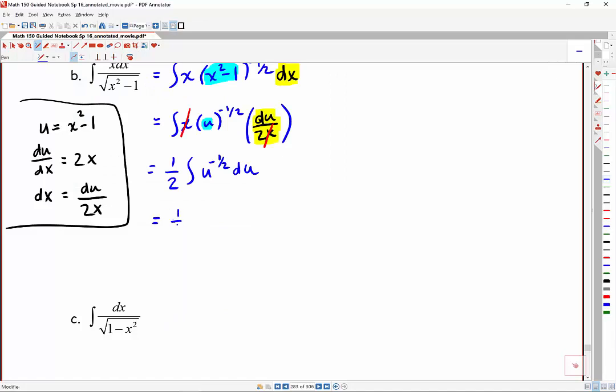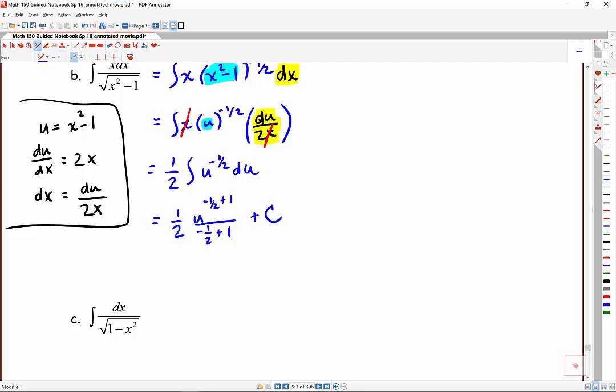1/2 times u to the negative 1/2 plus 1, remember the old rule, over negative 1/2 plus 1 plus c. Remember that just because it was in the denominator doesn't mean it'll have a result of a natural log function, right?